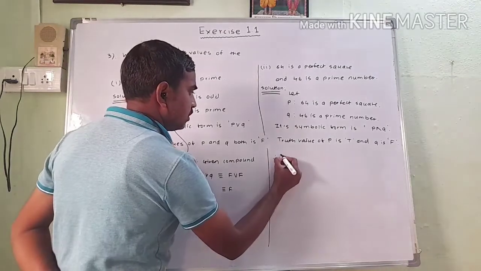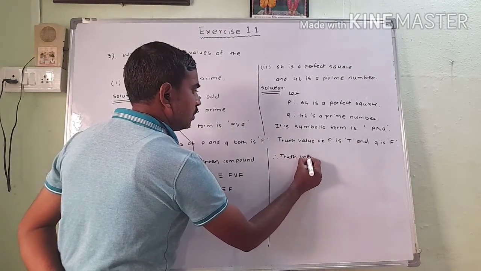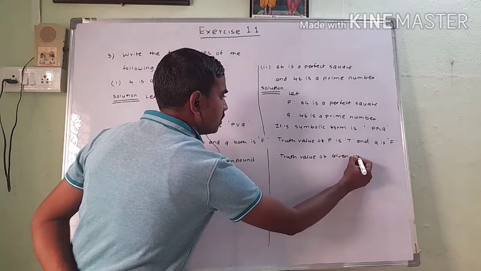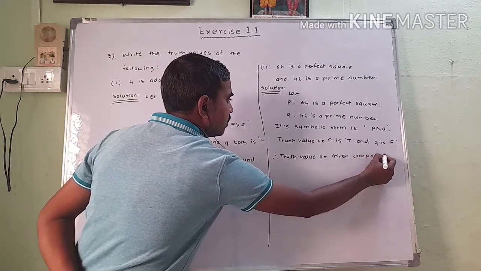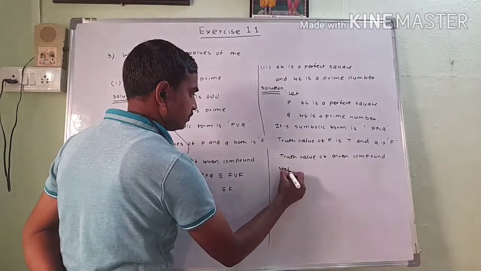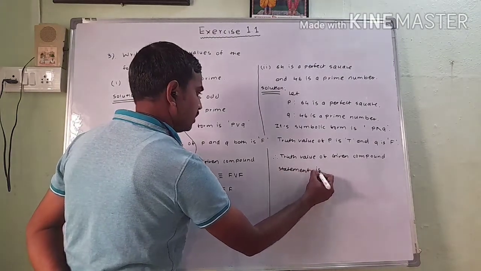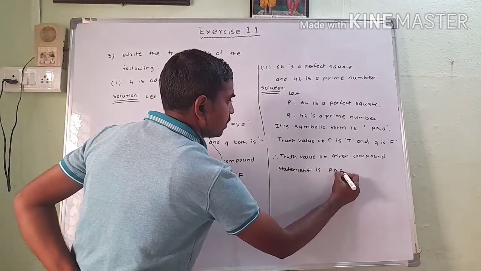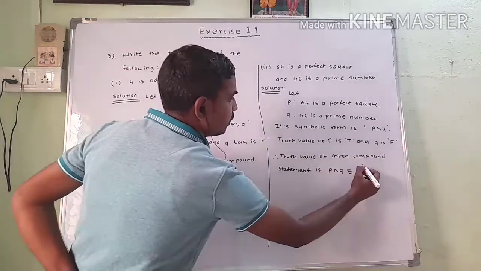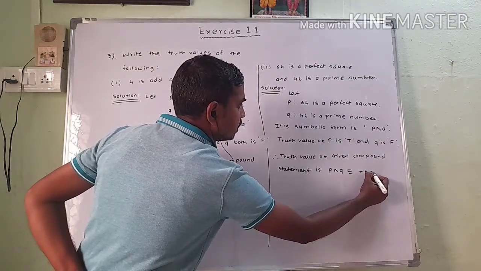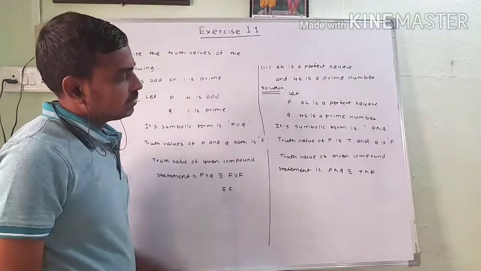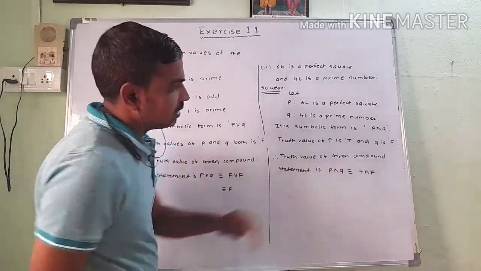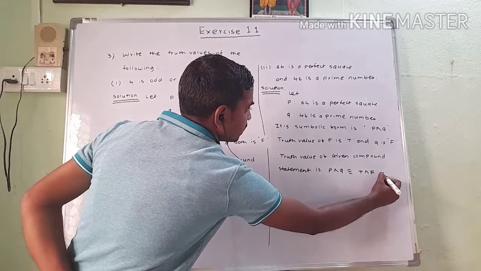Now we will write, therefore, the truth value of the given compound statement, which is P and Q. The truth value of P is T, conjunction with F. We know that in case of conjunction, if both truth values are T, then only the truth value of the compound statement is T, otherwise its truth value is false.